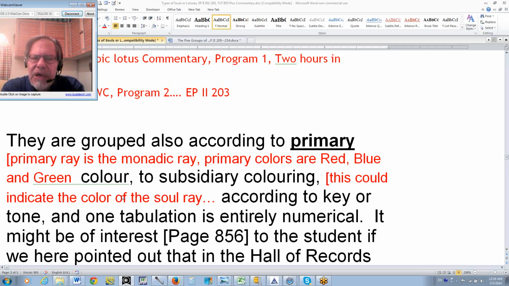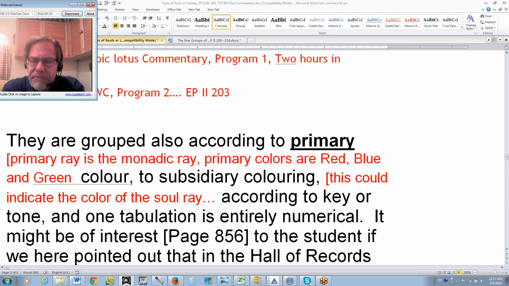But if it's really going to pertain to the Egoic Lotus, I would think the important numbers would relate to the monad, well, maybe to the major monadic ray, as I've discussed, to the minor monadic ray, to the numbers associated with the spiritual triad, which are largely 1, 2, and 3, and then a subsidiary 1, 2, and 3, and then also to the ray of the soul, which is the same as the triadal focus.